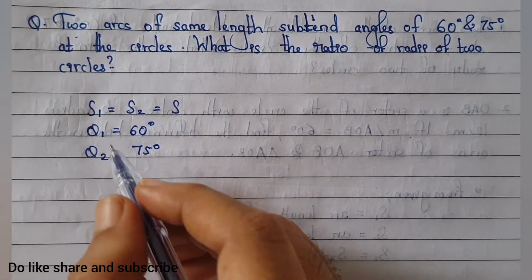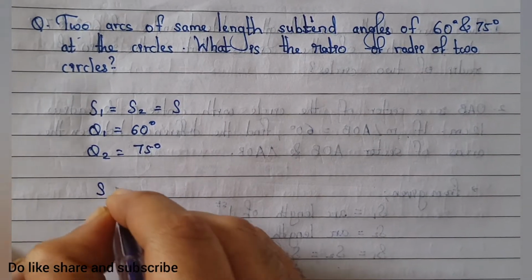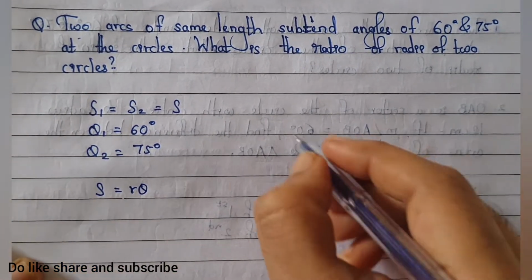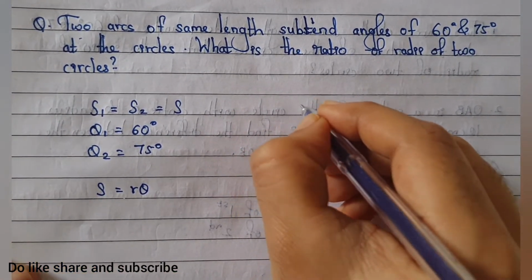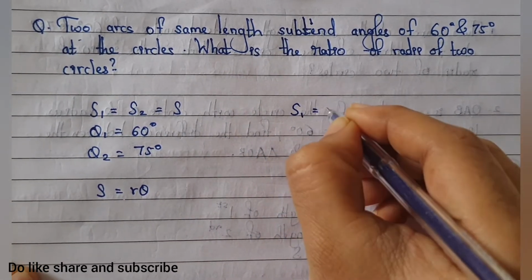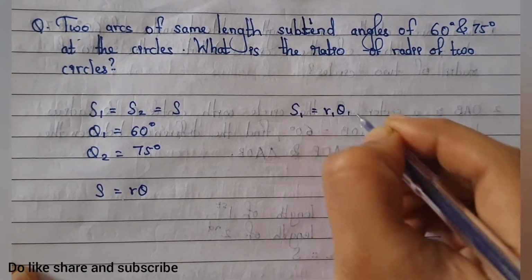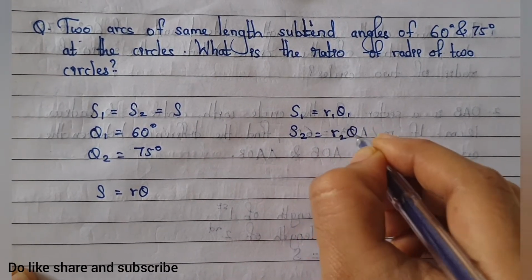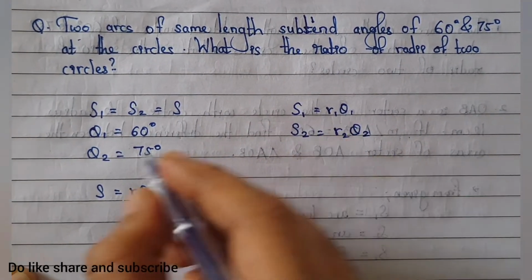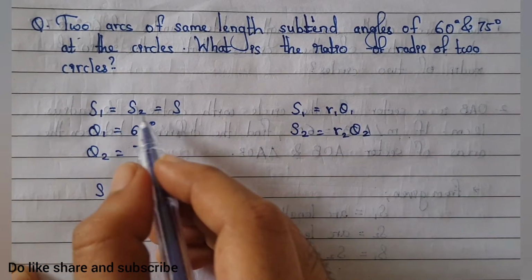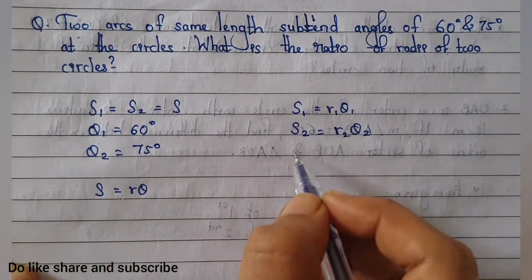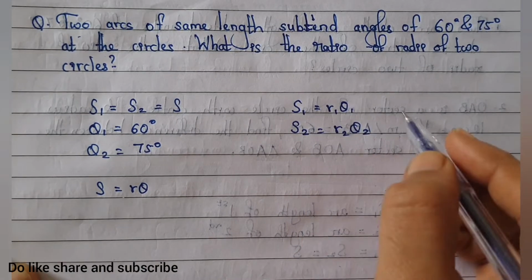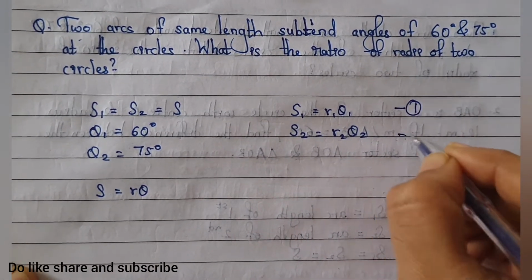So we know that s is equal to r theta. For s1, that will be equal to r1 theta 1, for s2 that will be equal to r2 theta 2. So from the given we have s1 is equal to s2, so we can equate these equations. Let them be 1 and 2.